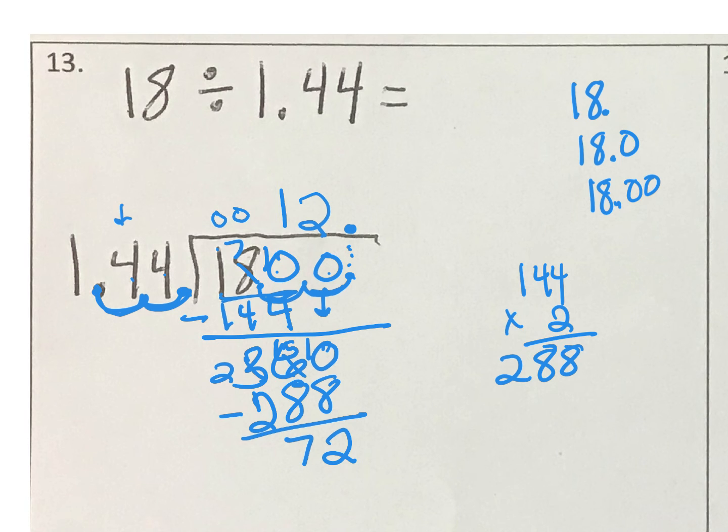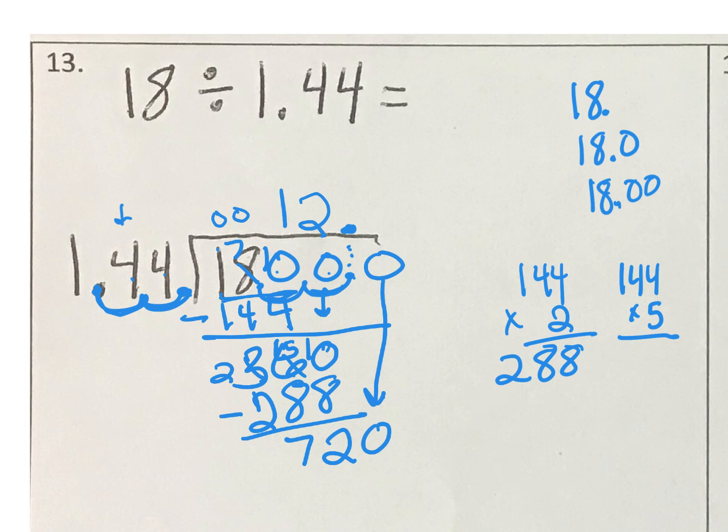Now, I have a decimal here, so I don't really want a fraction with this remainder, so I can just put a 0 here and keep on going. And now I have 720. How many times does 144 go into 720? Let's just try 5. 144 times 5.